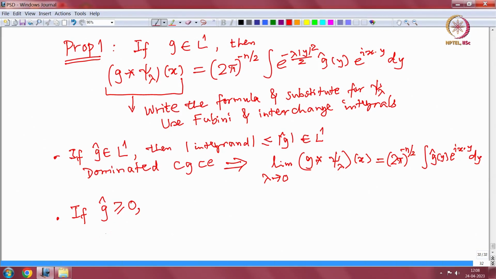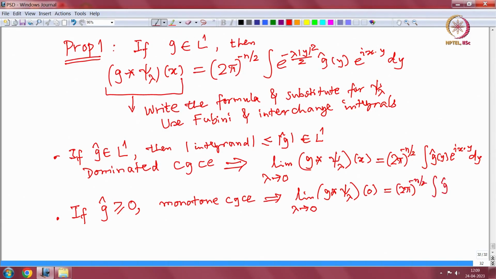If g hat is non-negative, then the monotone convergence theorem implies the limit of g star psi lambda at 0, because we don't want that oscillatory term, as lambda tends to 0, is again 2 pi to the power minus n by 2 times the integral of g hat y dy. Okay, so these two things we use later.